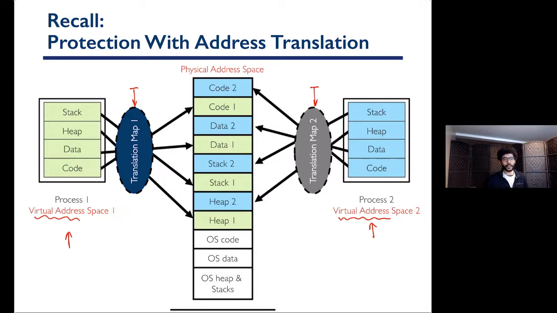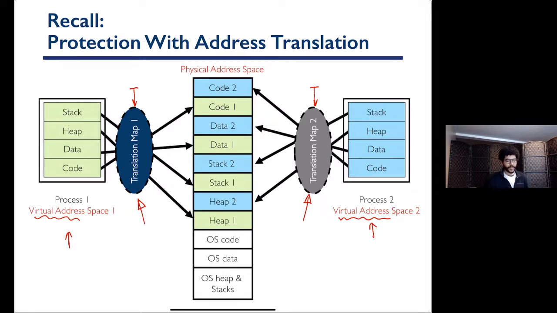This also allows me to provide sharing, because then I can map 2 different virtual addresses to the same physical region, and this would allow 2 different processes to share data. Now, in the coming slides, we're going to go deep into how we can implement address translation.